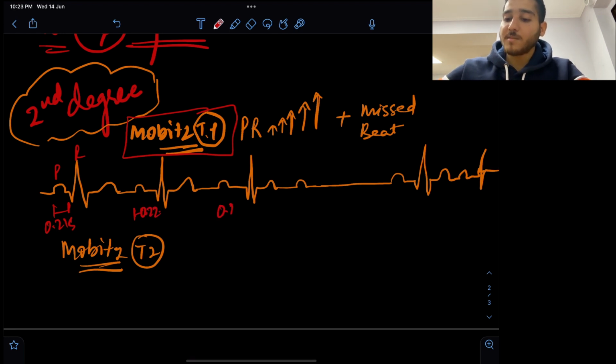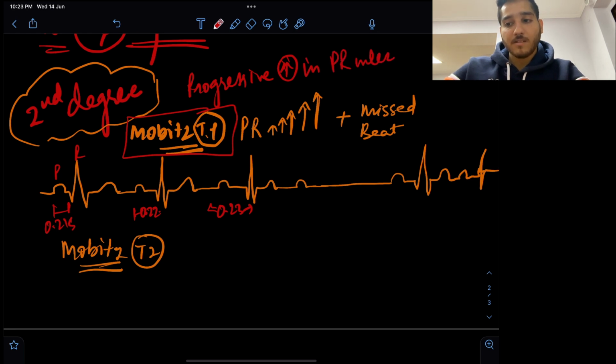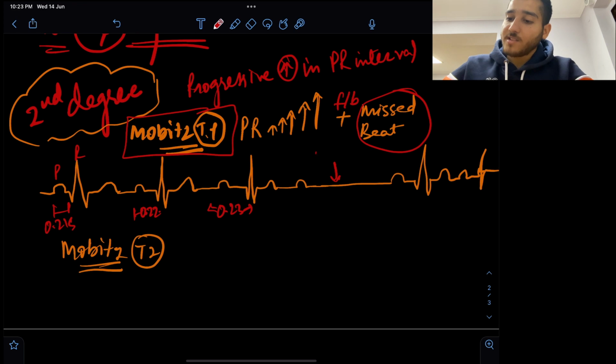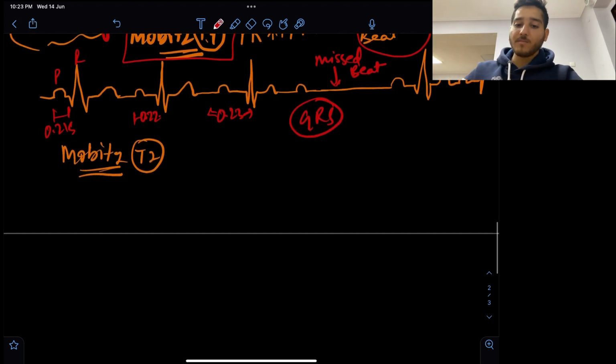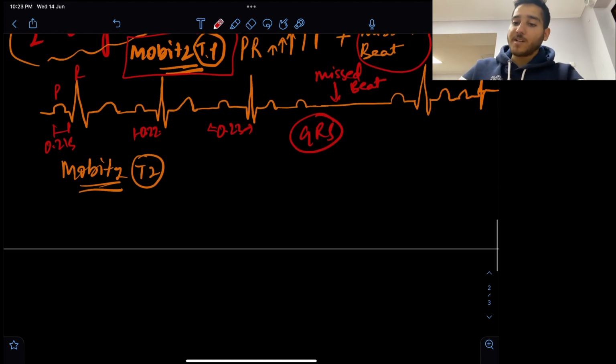In the next beat, there's 0.3 second. So there's a progressive increase in PR interval, right? And then it is followed by a missed beat. Missed beat means there's no QRS after a P wave. Cool. So this is Mobitz type 1.